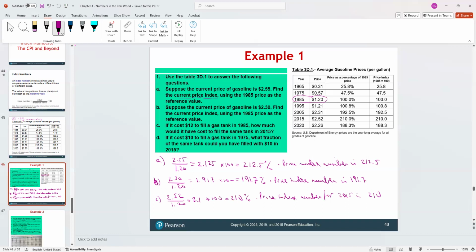So $12 of gas in 1985 is equivalent to 12 times 2.10. When you multiply these two numbers, it is $25.20 in 2015 to fill a gas tank.